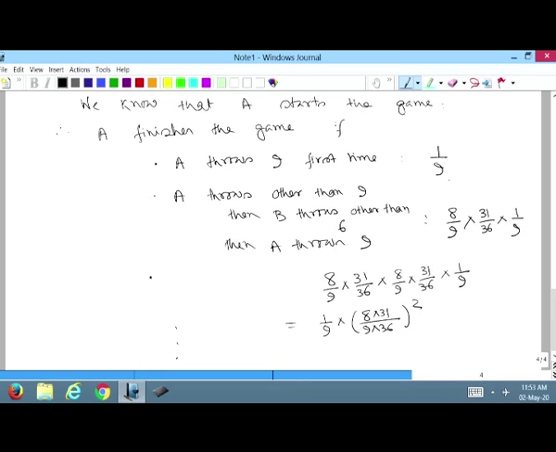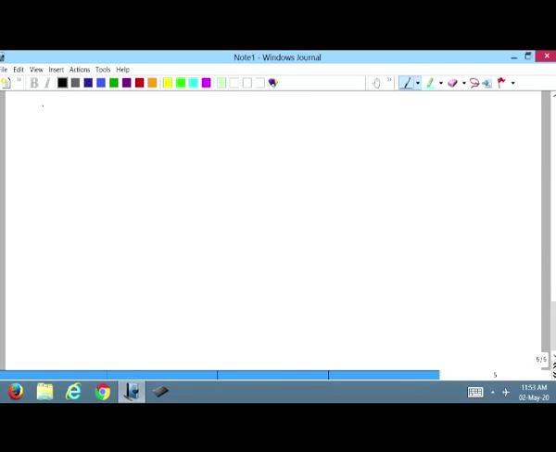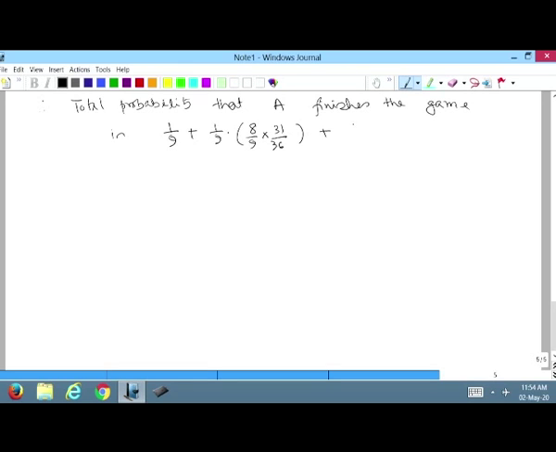As you can understand, A finishes the game only at odd turns. Therefore, the total probability that A finishes the game is 1 by 9 plus 1 by 9 into 8 by 9 into 31 upon 36, plus 1 by 9 into (8 by 9 into 31 upon 36) whole square.